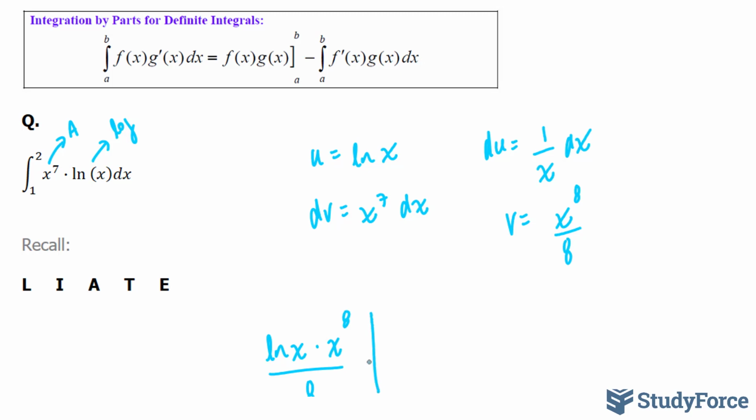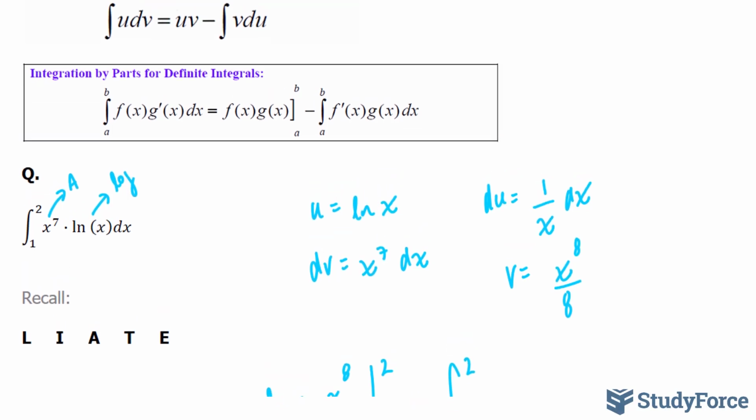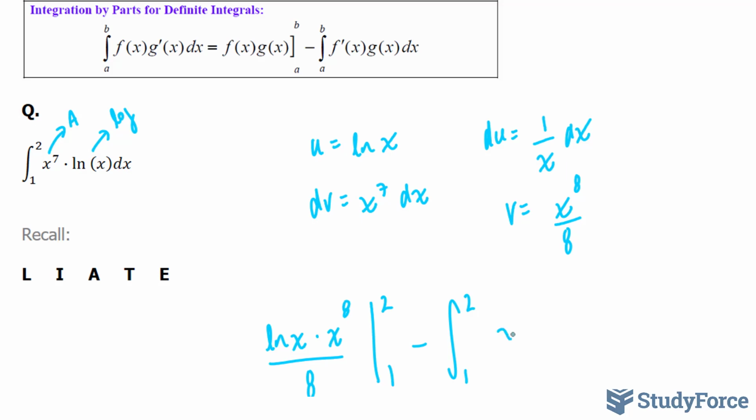Here, you will evaluate this part of the function at 2 and 1, and then you're going to subtract and evaluate this from 1 and 2, and recall it was v times du, so our v was x to the power of 8 over 8 times du, which was 1 over x dx, and this cancels out with this.